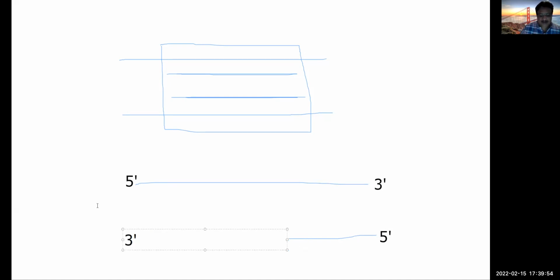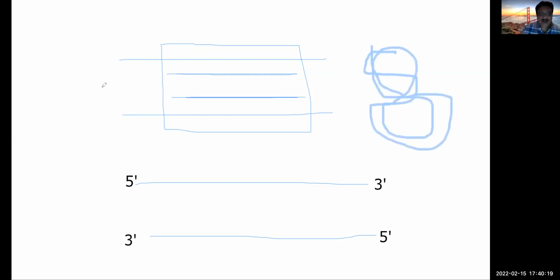DNA is anti-parallel because of the polarity of the sugar molecule, ribose. Now, how to define the boundary? The boundary is defined by the primers. So let's say, for the sake of understanding, this is how DNA is.